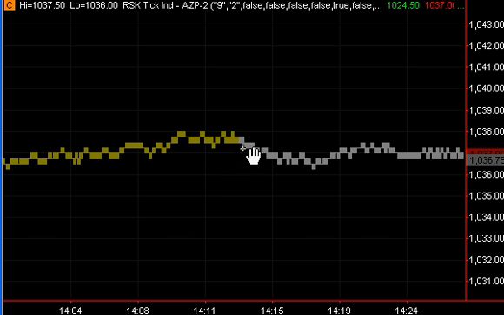Just shy of 1038, we go from dark brown or gold to gray. That's another group reversal. Getting in at 2350, out at 3750 thereabouts. Do the math. It's a nice, very nice move.